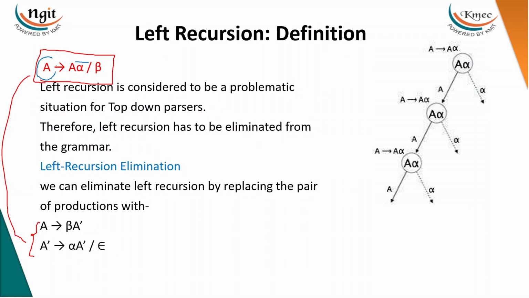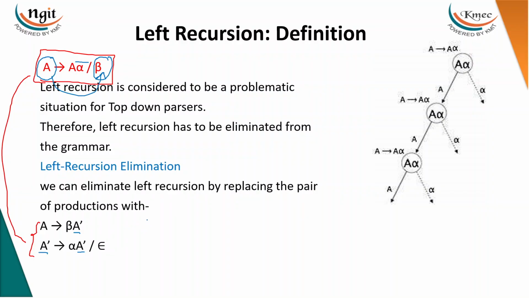And where you don't have A as the first symbol, that is taken as beta. Once you identify A, alpha, beta, simply substitute: A tends to beta A dash, A dash tends to alpha A dash or epsilon, where A dash is any new non-terminal. There is no restriction that we should take only A dash, right?